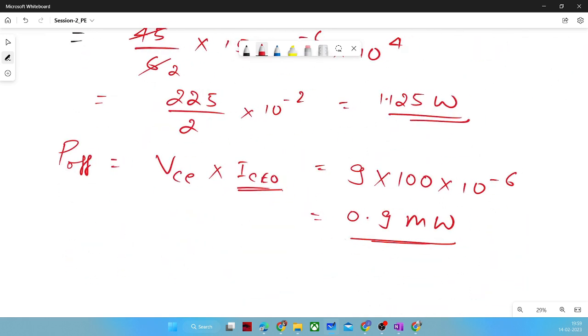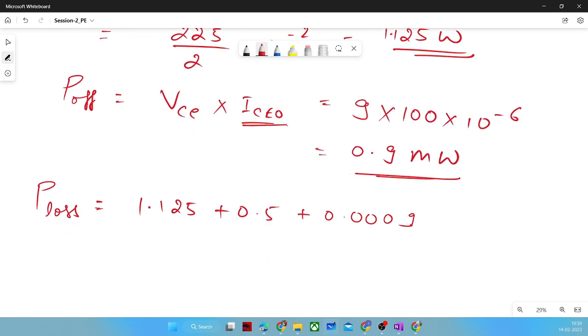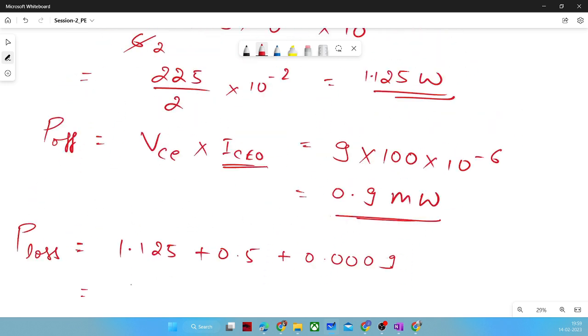So if we add all the loss, this is not there in case of MOSFET, no? P off, yes, it will not create any difference if this P off is not there. So 1.125 plus 0.5 plus 0.0009, I guess. 1.6259 will be there, right?